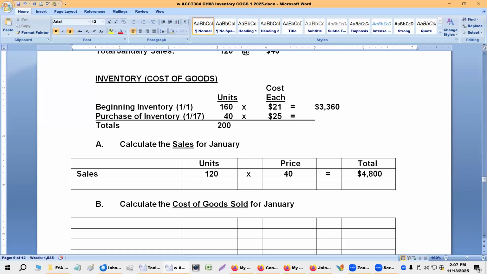And our 40 at 25 is 1,000. Okay, so that's 1,000.